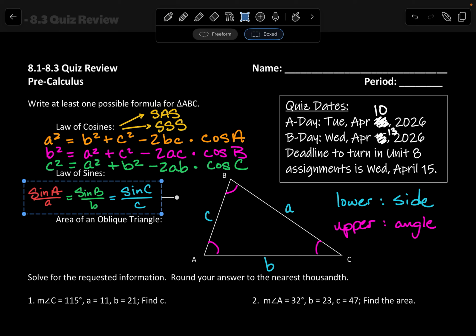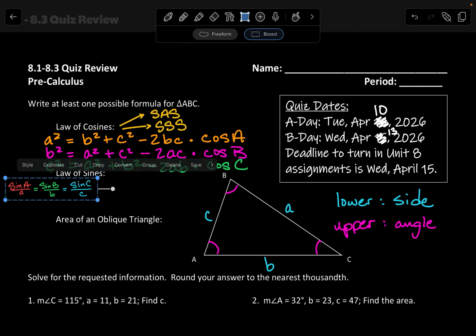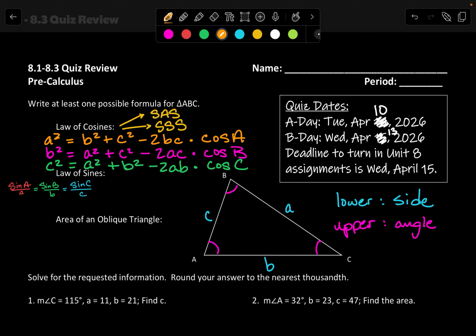I know this makes y'all very happy when I do this in the videos. All right, it can also be flipped. So you could say a over sine A equals b over sine B equals c over sine C. Sometimes it's easier to use one or the other based on whatever information you're given to begin with. It might make your cross multiplying and dividing a little easier.